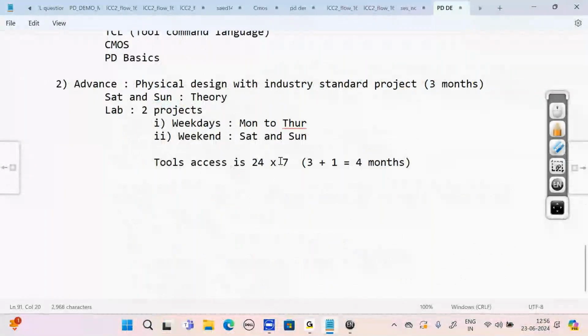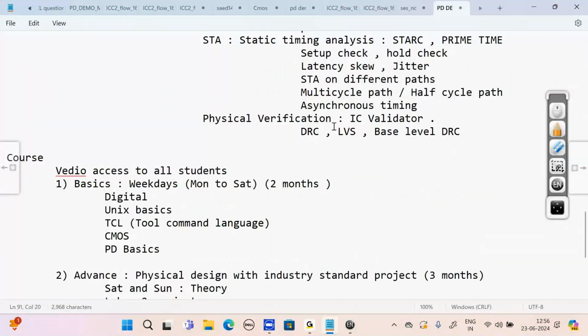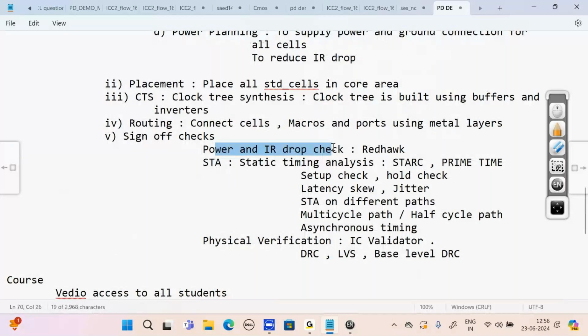You cannot say that you don't know what IR drop is. It means after 3 years of working, what you have learned in the working phase. You can say that you know IR drop, STA, physical verification very well, PD very well, synthesis very well. Then you are capable of becoming the lead.